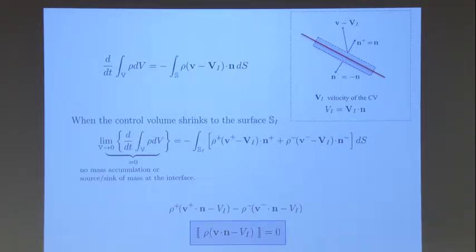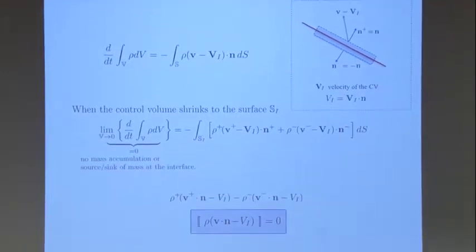And that's the statement which tells you that the mass flux relative to the interface in is equal to the mass flux out of the interface, okay? And both are relative to the interface. Of course, if the interface is not moving, all it tells you is mass flux in is equal to mass flux out. And we usually denote that by a jump, and I try to use this double bracket just for clarity.